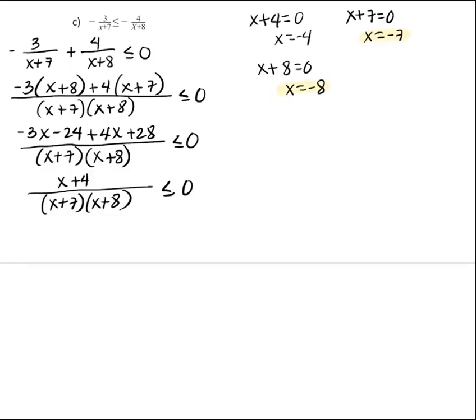Now we are going to test for these 3 values and divide the line into 4 intervals. Our test values will be -9, -7.5, -5, and 1. Plug each of these test values into the polynomial and determine the sign of the polynomial at that point.